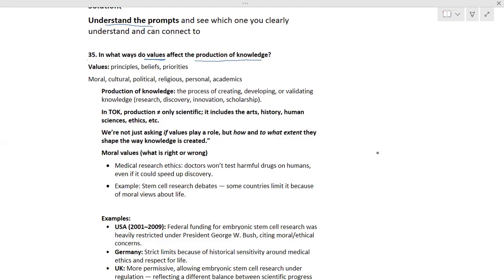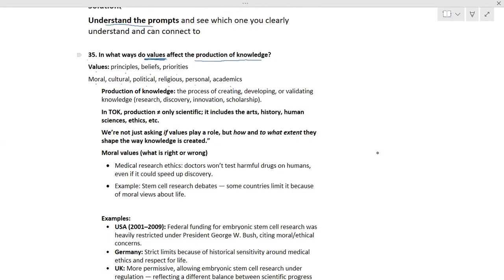So what do we understand by values? Values can refer to principles, beliefs, or priorities. When we talk of values, there are moral values, cultural values, political, religious, personal, and academic values.